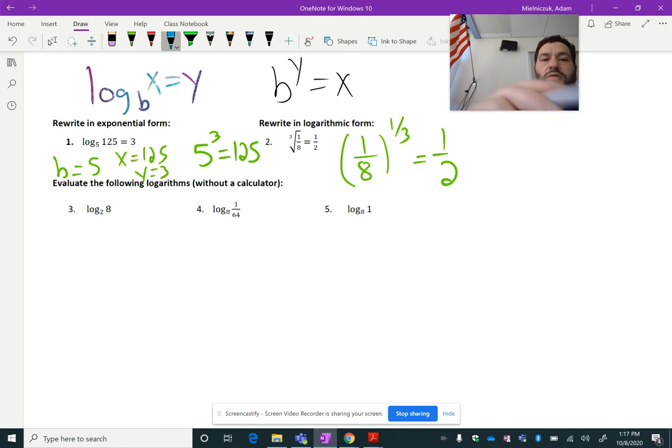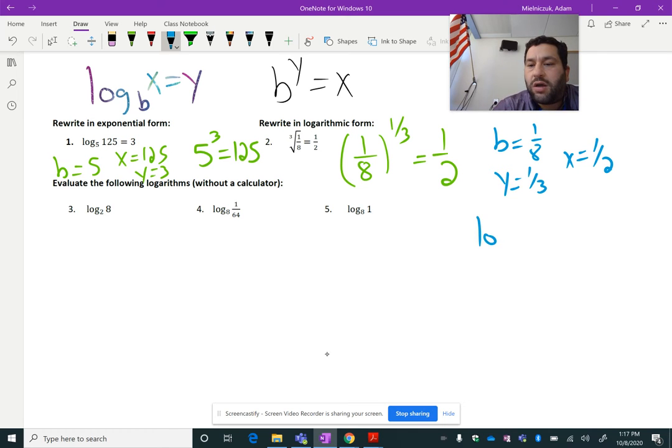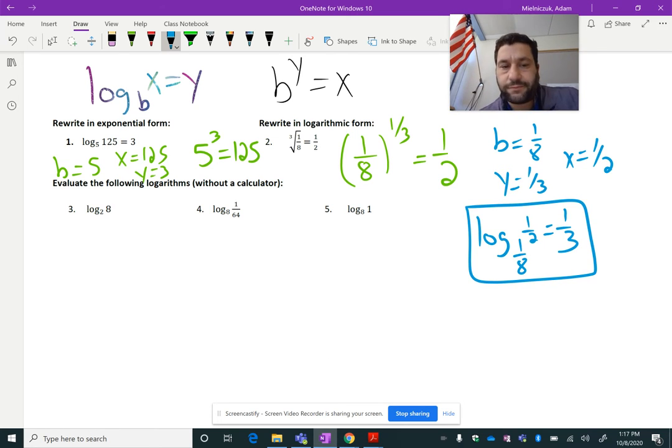So now we know that b is 1/8, we know that y is 1/3, and we know that x is 1/2. So when we rewrite it, we can say log base 1/8 of 1/2 is going to equal 1/3. Okay, so that's the first two.